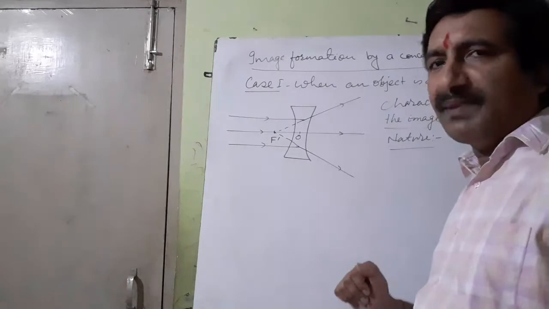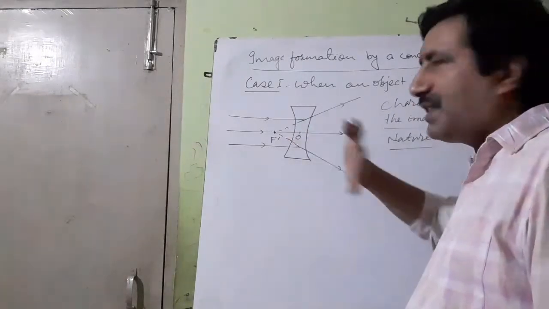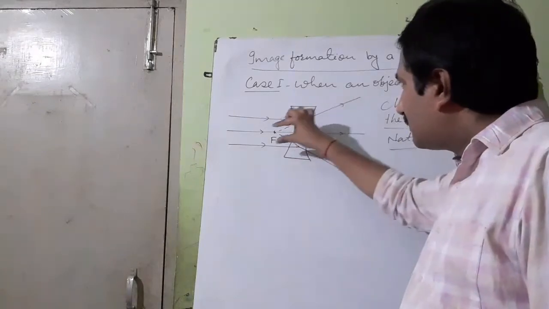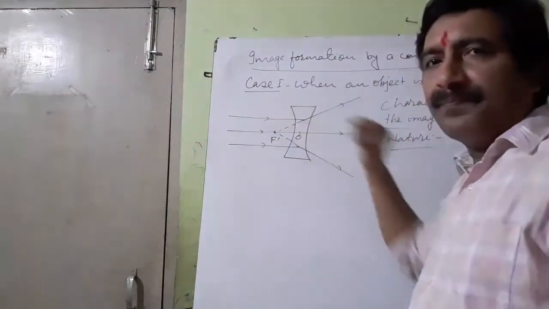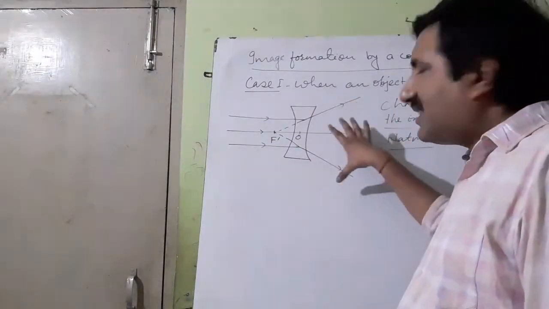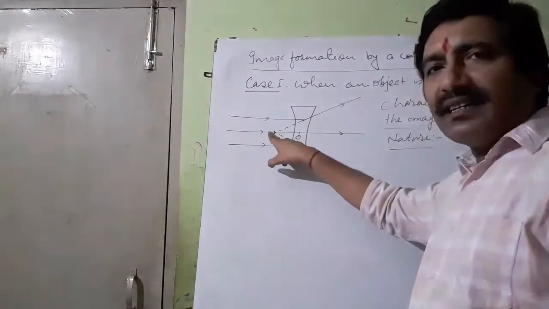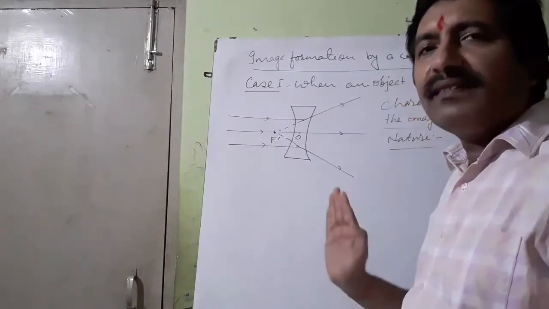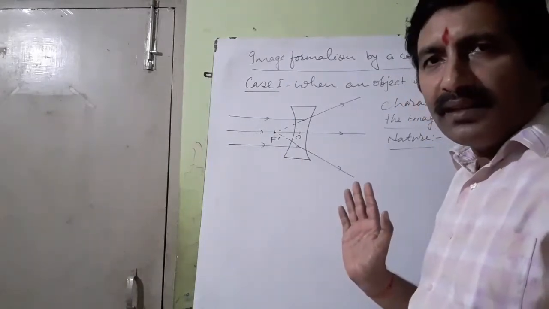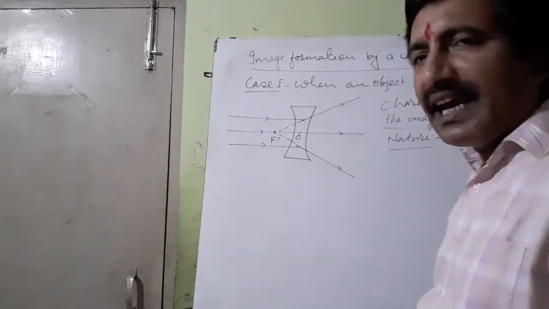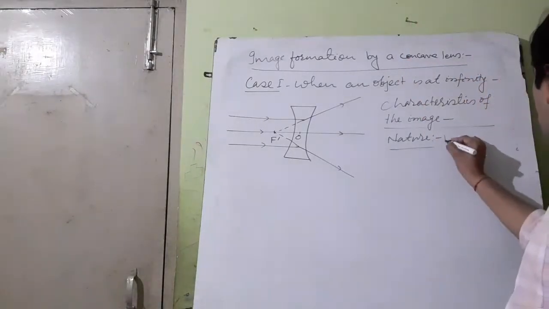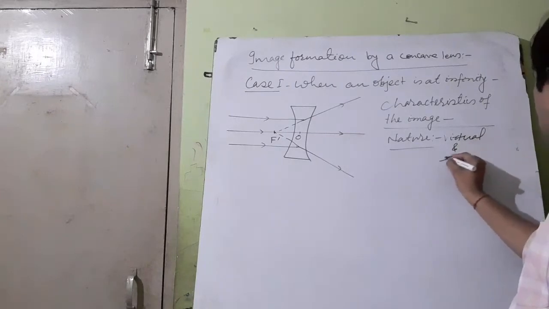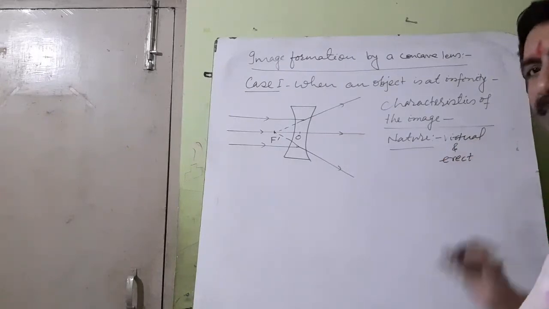Means you are observing that the image is obtained due to the expansion. When we extend the refracted rays, they meet at F dash. So what type of image is this? This is a virtual image, and a virtual image is erect. So the nature is virtual and erect. This is the nature of the image.